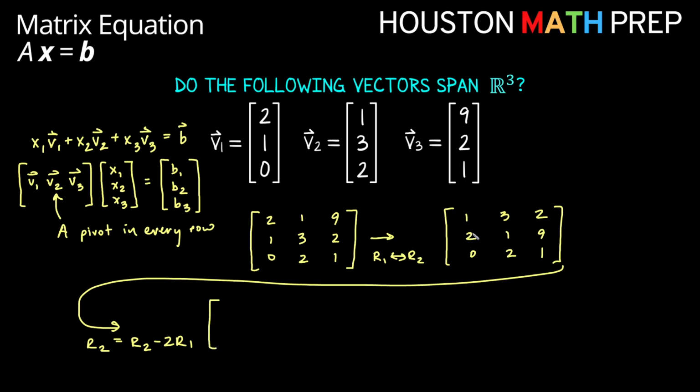And so our row 2 here, 2 copies of this 1 would be 2. 2 minus 2 is 0. 2 copies of our 3 here would make a 6, so 1 minus 6 would give us -5. 2 copies of our 2 here would make 4, so 9 minus 4 would give us 5. We'll keep our other rows the same for now.